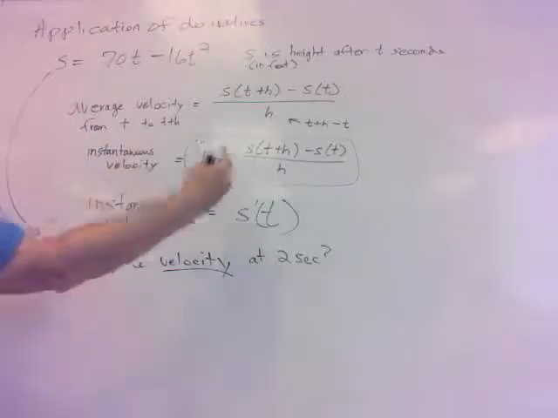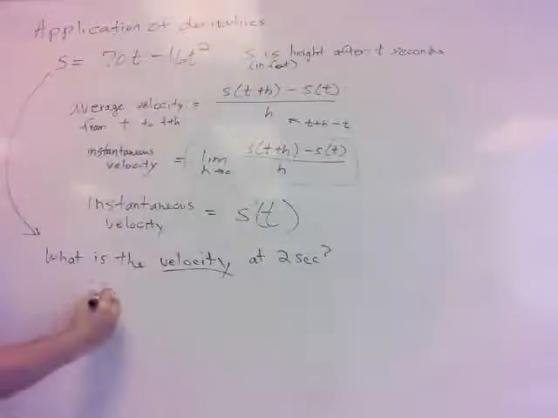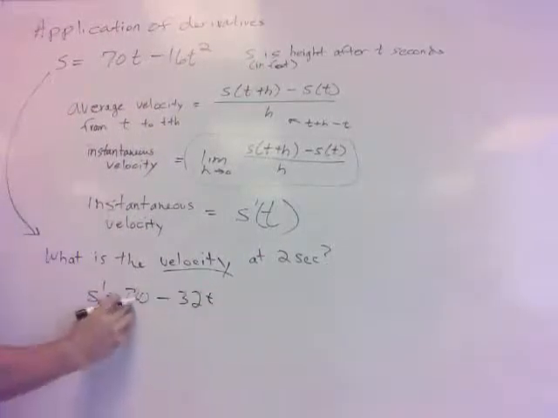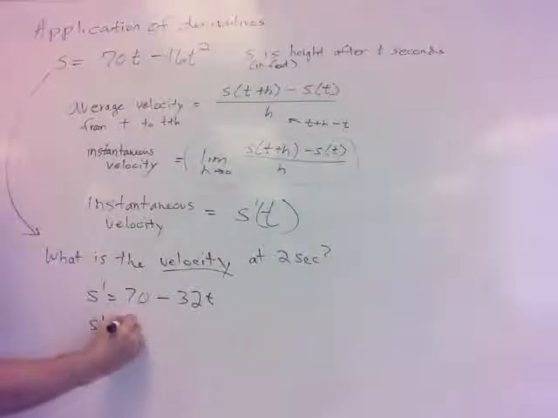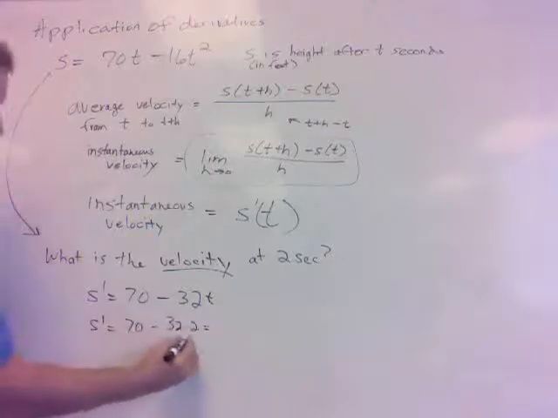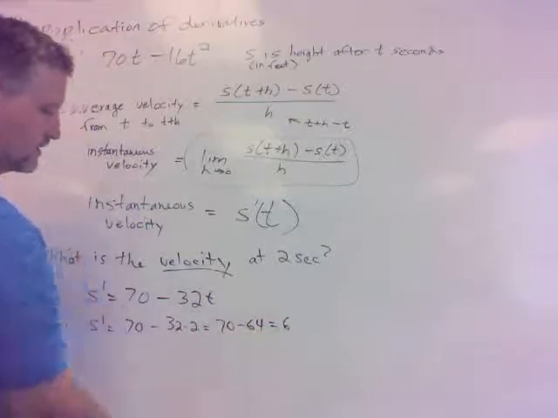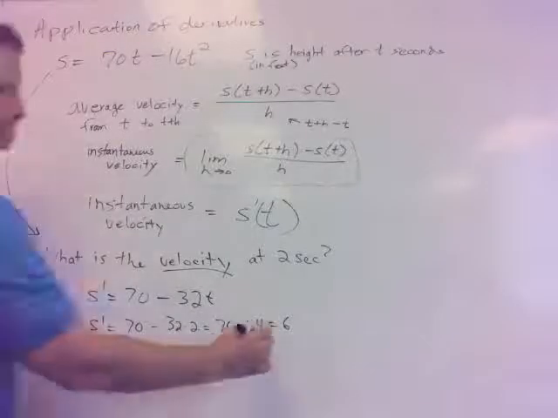Well, the velocity turns out to be the derivative of your distance function. So the derivative is 70 minus 32t. So at 2 seconds, the derivative is 70 minus 32 times 2. That would be 70 minus 64, just 6 feet per second.